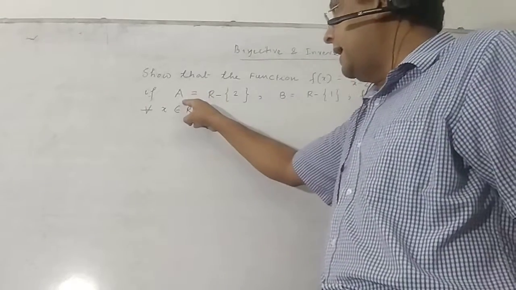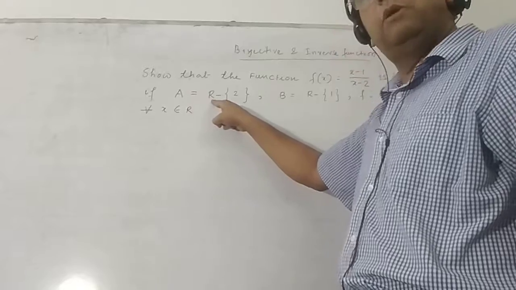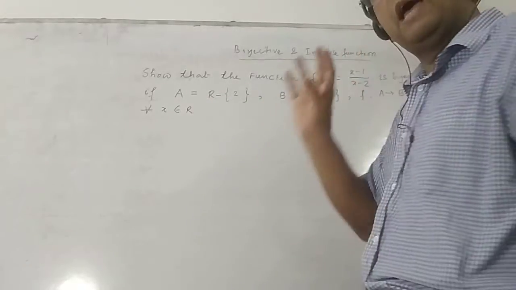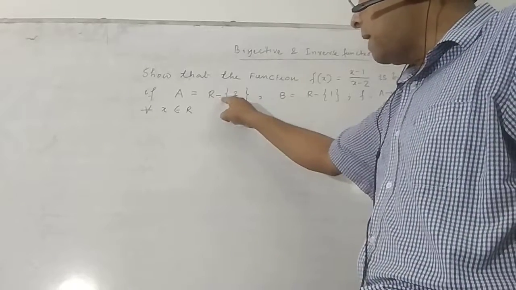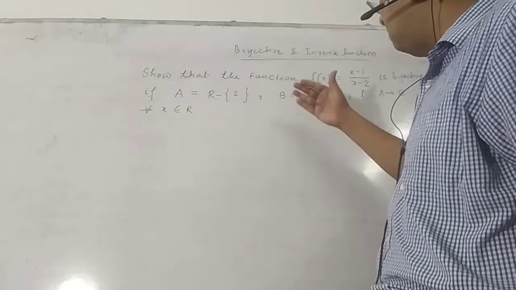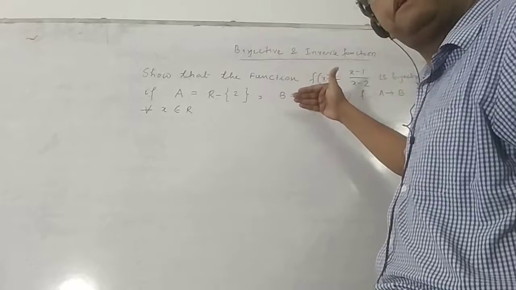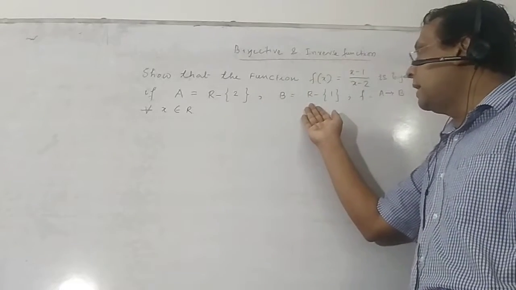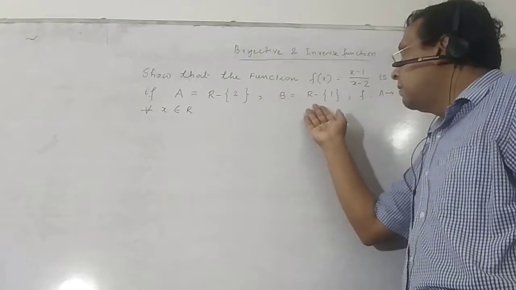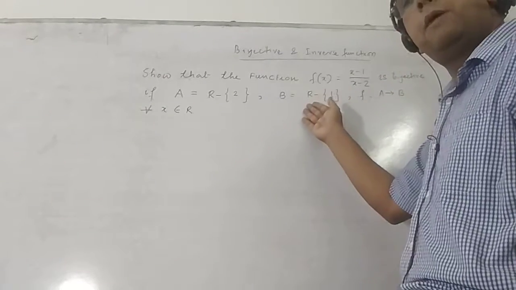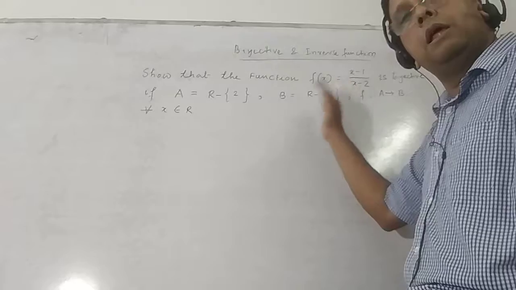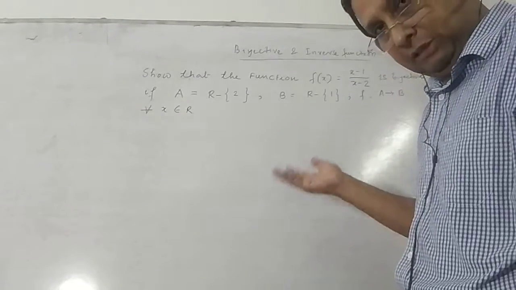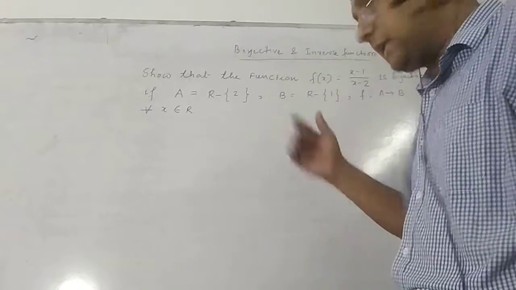That's why the set A is given as all real values minus 2, other than 2, this function is valid. And the set B is basically representing y, corresponding to this is basically the range, that is, real numbers other than 1, that we will find out after finishing the bijectivity of the function.